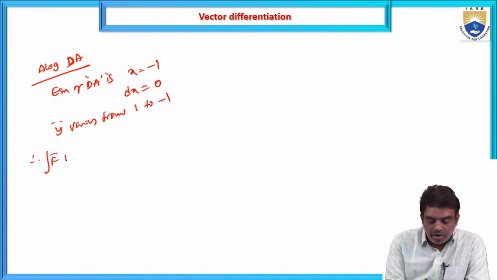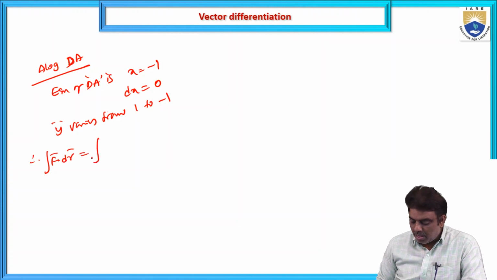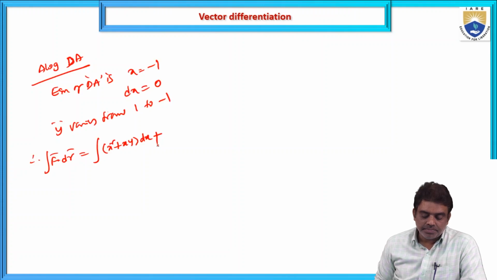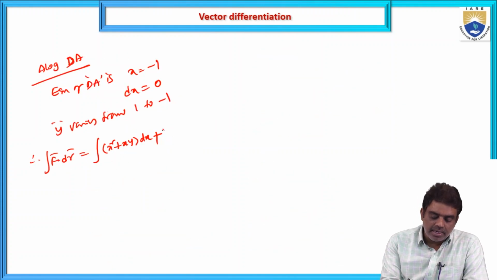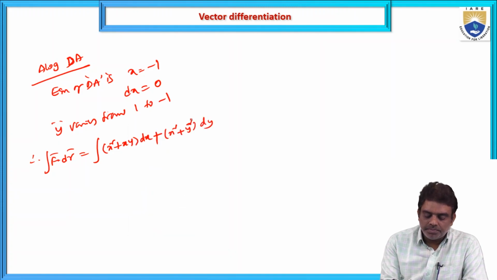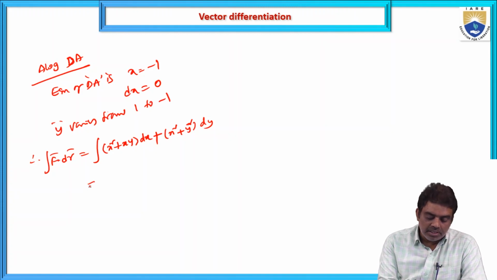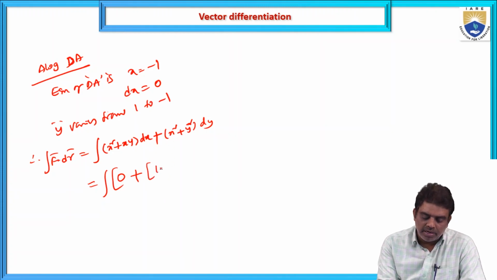Therefore, integral f bar dot dr bar is equal to integral of x square plus xy dx plus x square plus y square dy. With x equal to minus 1, dx is 0, so the first term is entire 0. In the second term, minus 1 whole square is 1, so we get 1 plus y square into dy.